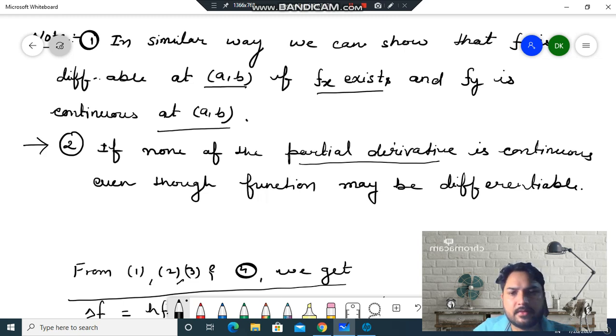That means continuity of the partial derivative is not a necessary condition for the differentiability of a function of two variables. Continuity of the partial derivative is a sufficient condition, not a necessary one.